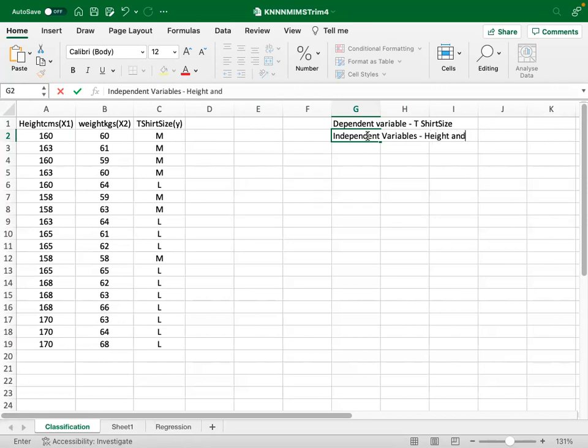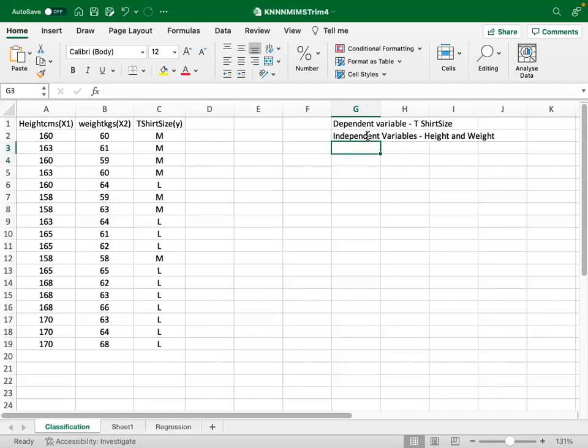Based on the height and weight of the person, we want to build a model that will predict the t-shirt size. And we have some historical data already available.